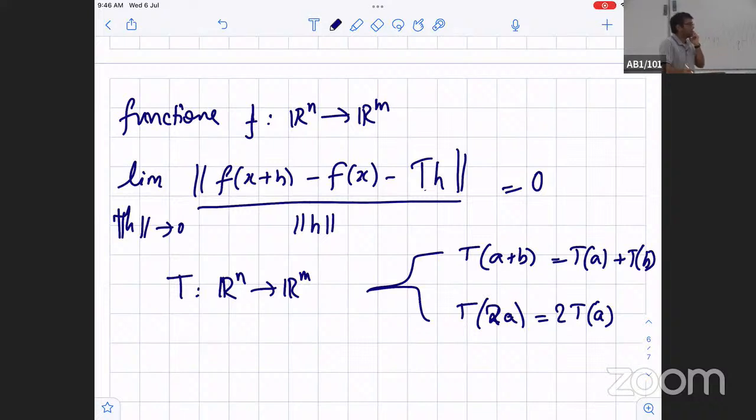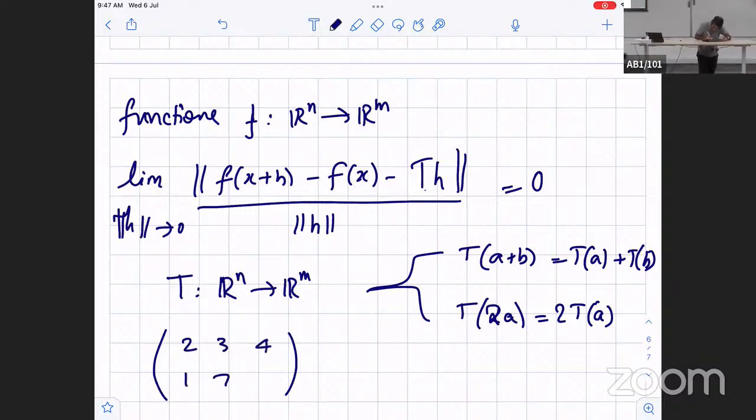Why was matrix multiplication defined like that? Because it is a function from Rn to Rm. If you take a matrix of dimension, let's say 2 3 4 1 7 6, which vector can I multiply it with? Can I multiply it with a 2 cross 1 vector, say 3 2?